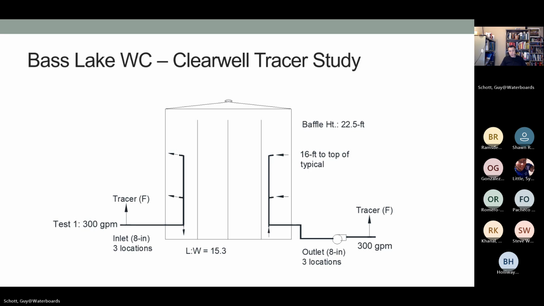Agreed, Guy has this extraordinary database of all these different design configurations, and in a lot of our districts, if a clear well goes in and we think they can meet it under certain design parameters, they'll usually just do that. But if it's different, then we'll recommend a tracer study. The more studies we have of different configurations, the better our database is, so that we can do prediction and so forth.